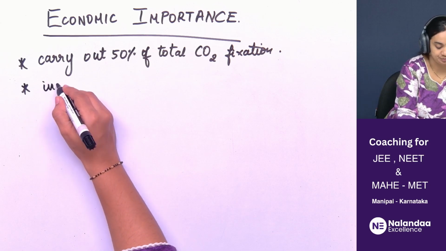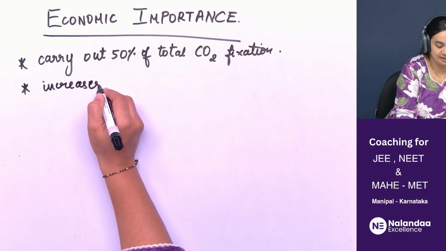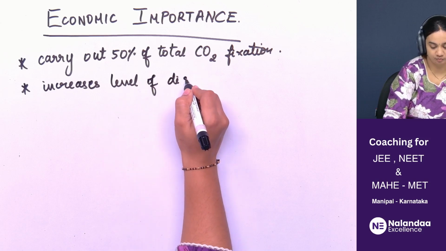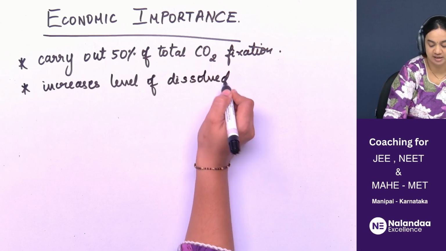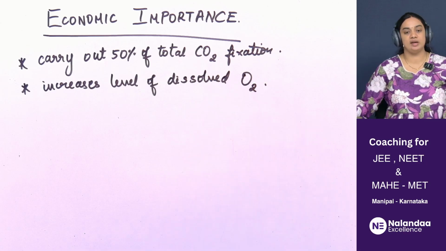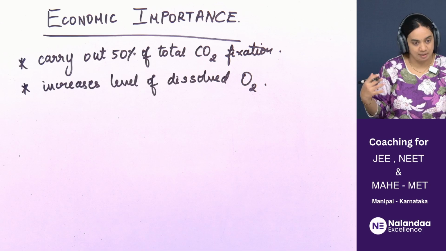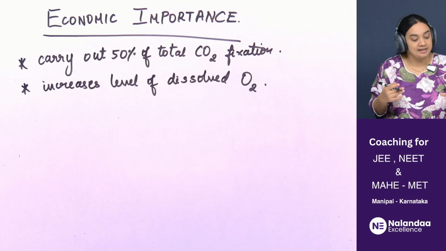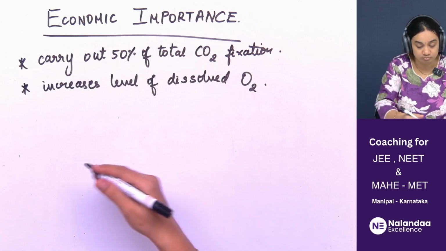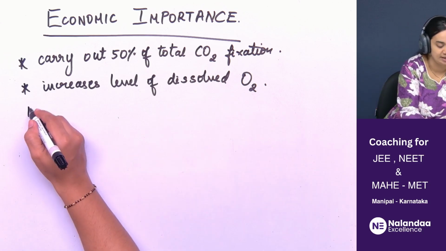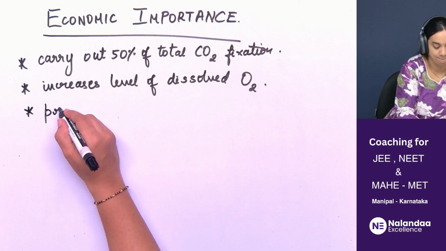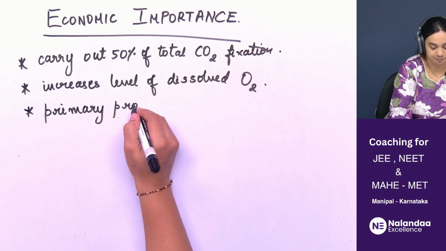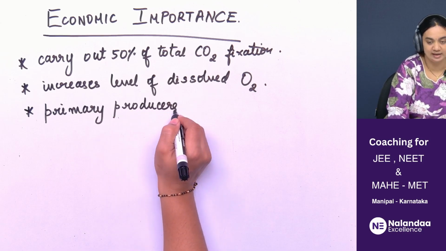And then it increases the level of dissolved oxygen in its immediate environment. Okay, so because of carbon dioxide fixation, oxygen is being released by photosynthesis, right? So it increases the level of dissolved oxygen in its immediate environment. And algae happen to be primary producers, right?